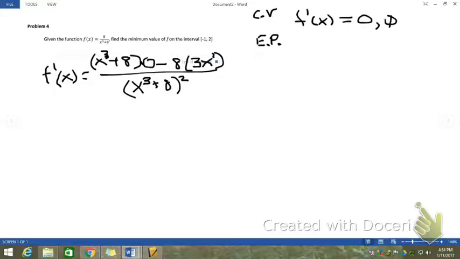And where's the derivative undefined? And again, if I look at the denominator, maybe having it multiplied out is going to make it look more complicated for me. So let's say we're looking for when the derivative is 0. Well, maybe I want to clean that up first. It's really negative 24x squared over x cubed plus 8 raised to the second.